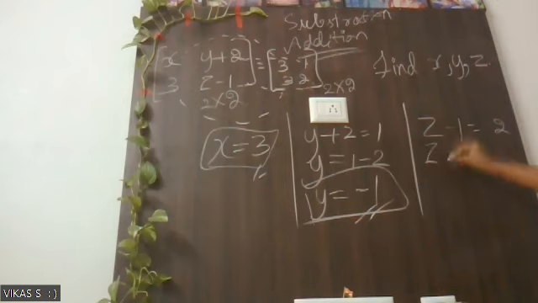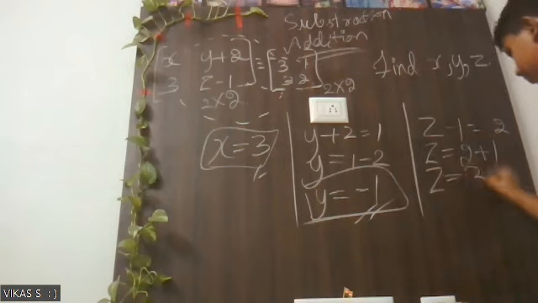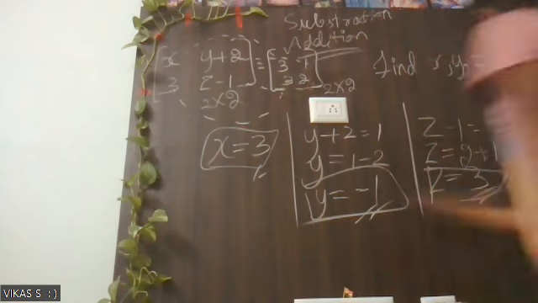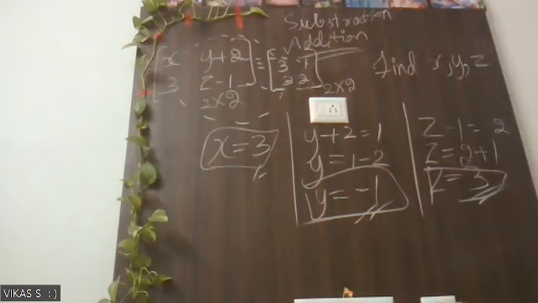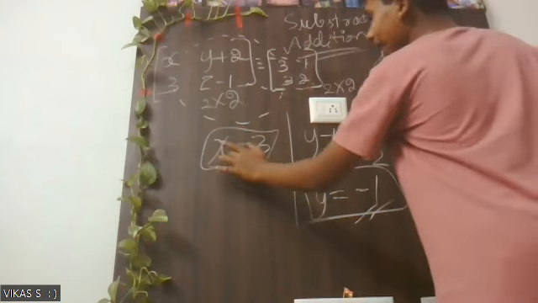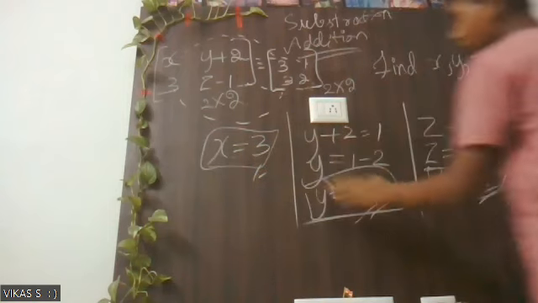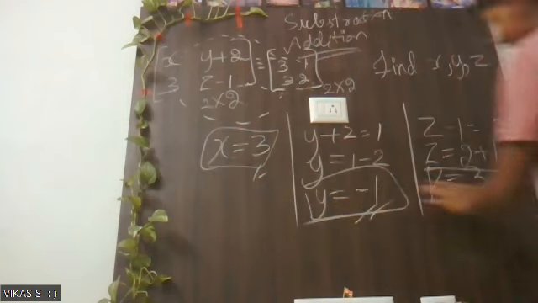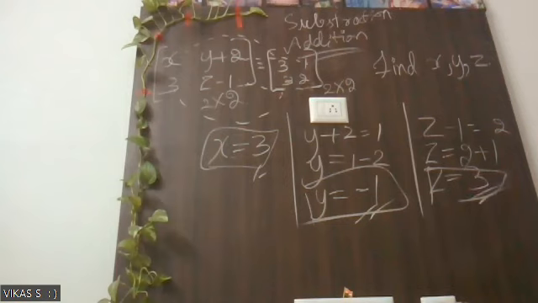So minus 1 goes that side, becomes plus 1. So z equals 3 is our final answer. So we found x, which is 3, y, which is minus 1, and z, which is 3. Understood, guys? Easy.